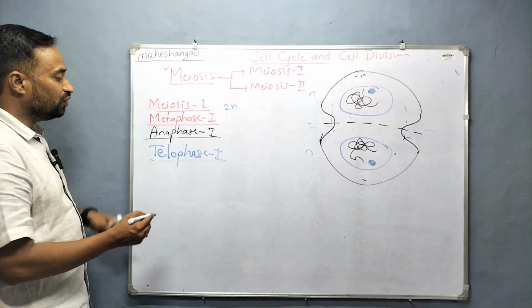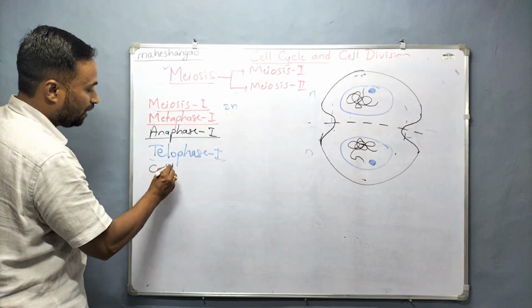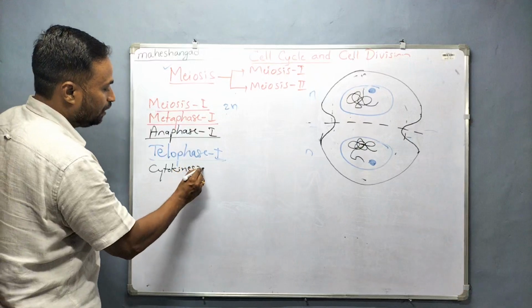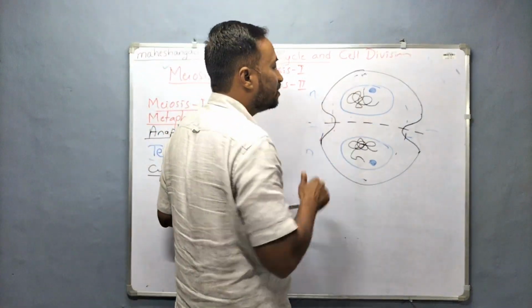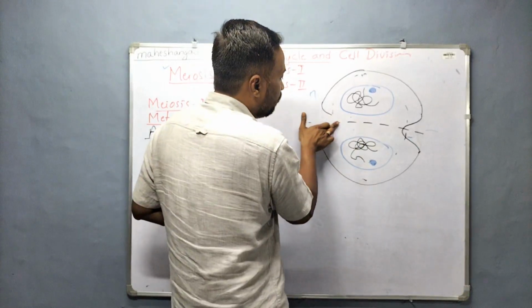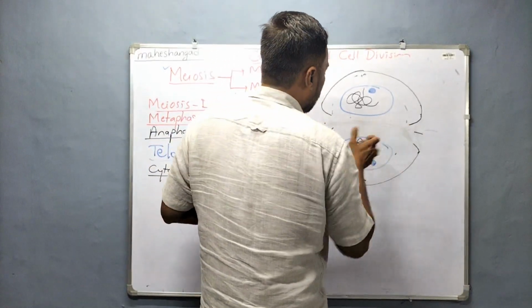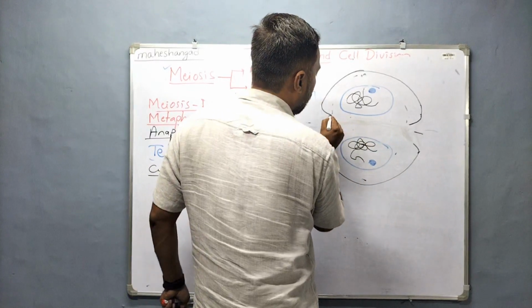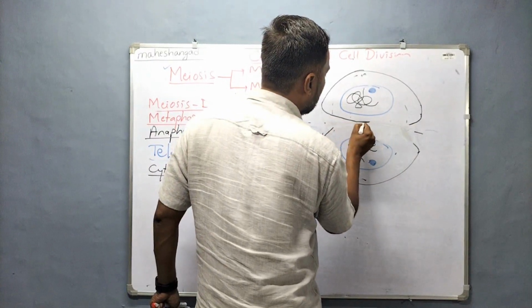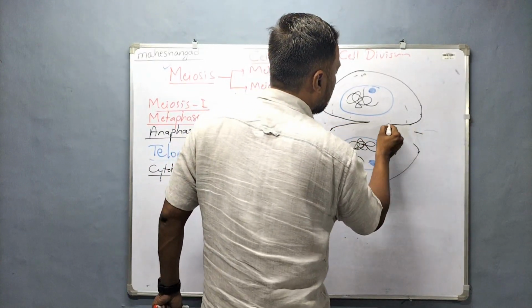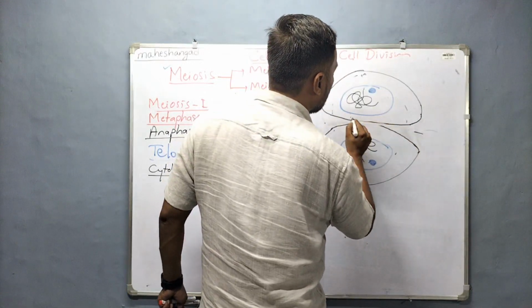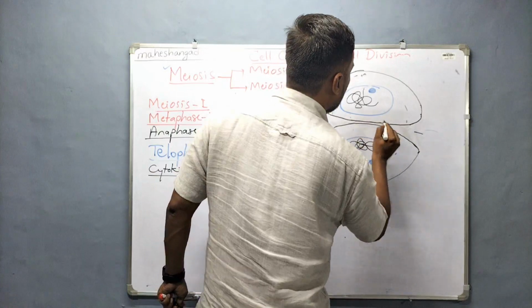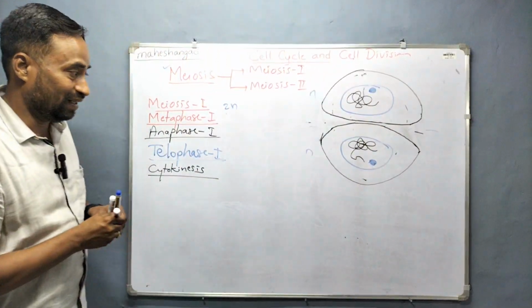And telophase 1 is followed by cytokinesis, in which equal distribution of cytoplasm to the 2 daughter cells will happen, and a furrow in the plasma membrane will form, which deepens from external to inside, so that the daughter cells will separate by the end of meiosis 1.